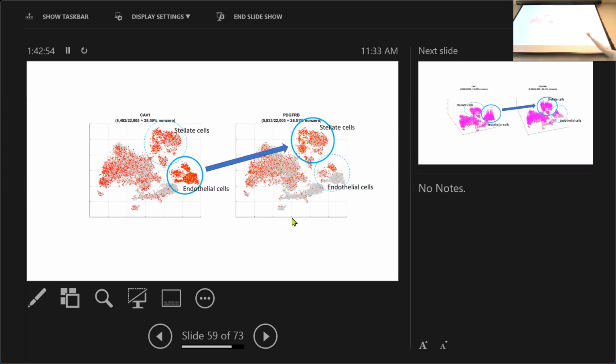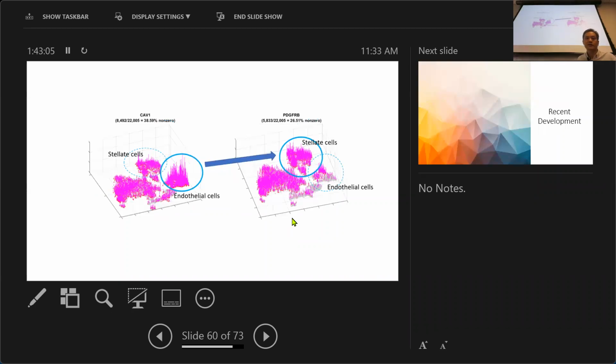And then correspondingly, the receptor gene expression in what I call the target cell type, stellate cell. So that's a profile. And if you look at this bar plot, this is not a marker gene for endothelium cell, but you can see the expression level is increased compared to other cell types. Well, it's a receptor gene, so highly expressed in stellate cell. Okay.